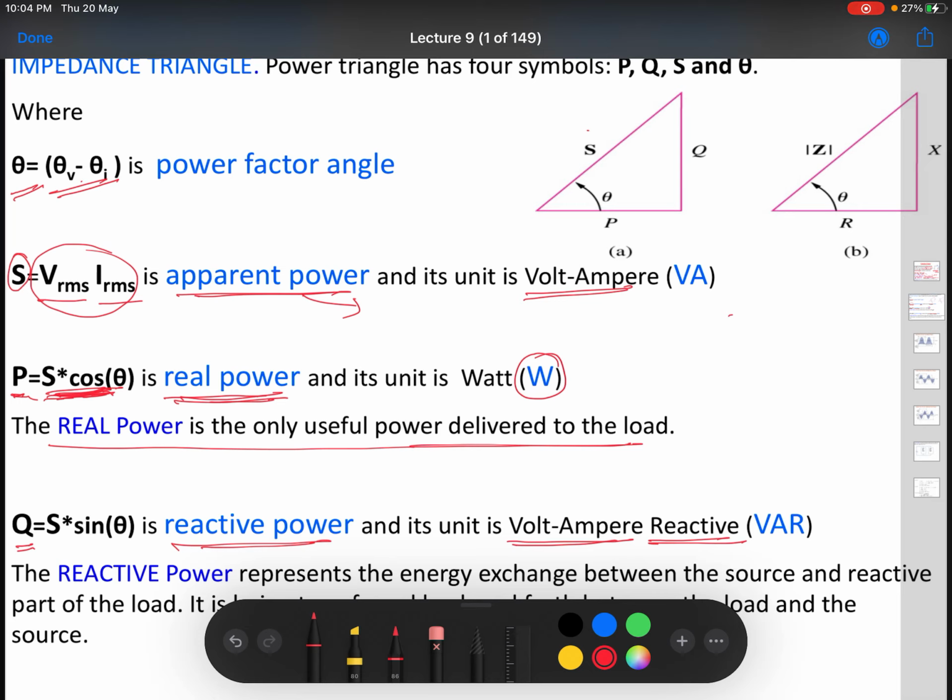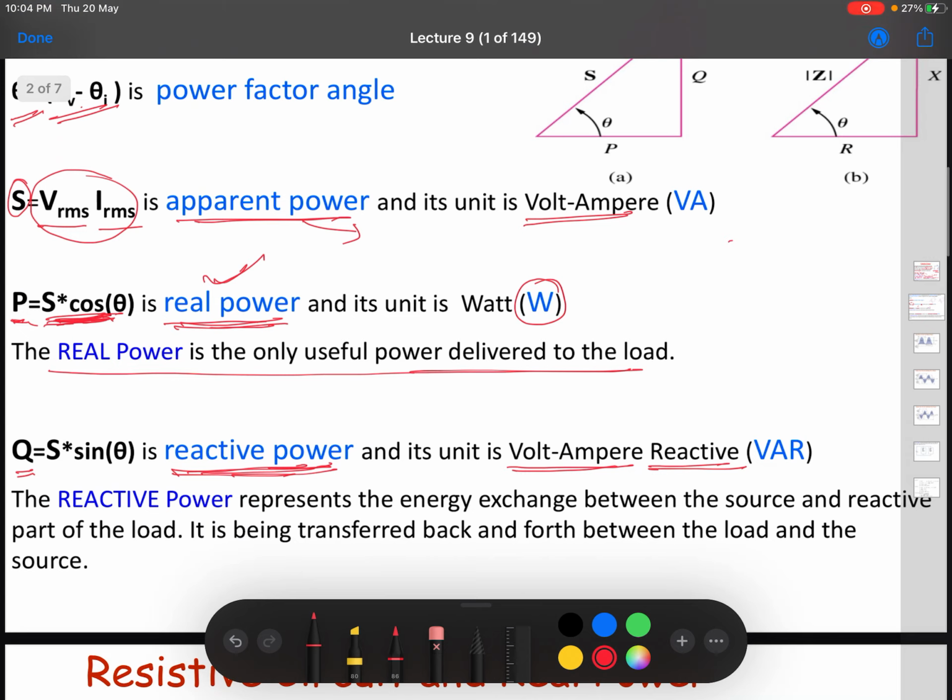The other part is called the reactive power. You don't find reactive power coming out as heat. Only the real part is the useful power or the work power. The second part, which doesn't come out, is said to be stored in the circuit, and this storage is basically in the form of exchange. The energy is exchanged from the source to the load.